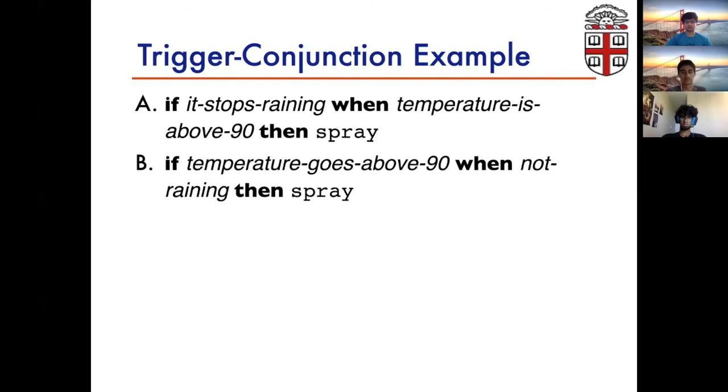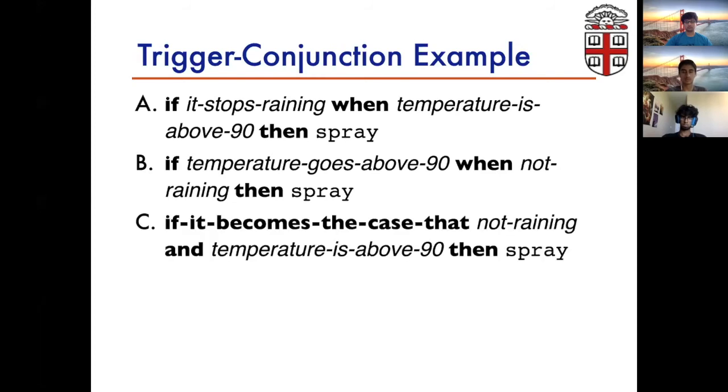All right, we gave people these programs, and we had them answer questions about them. It turned out that 60% of people interpreted both of these rules exactly the same. They interpreted them as: if it becomes the case that it's not raining and the temperature is above 90, that's when you should spray. When both of these conditions become true, independent of the order in which they become true, that's what triggers spraying.